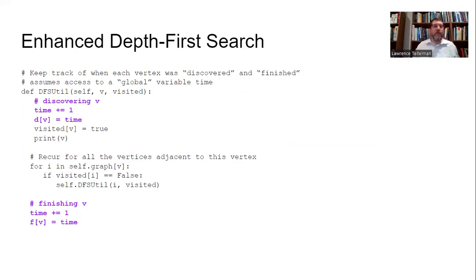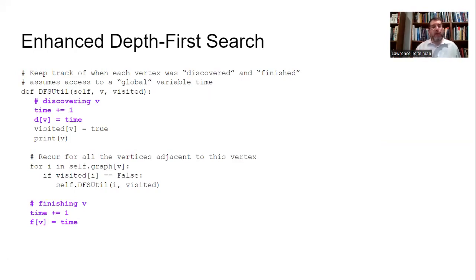So what are those? As you can see, it looks like I have some kind of array that keeps track of the discovery time for each vertex. And I have another array that keeps track of the finish time for each vertex. And what is the time? So the time is not the time on the clock. It's not even like the time.time in Python. It's just a counter. So every time we discover or finish a vertex, we increase the time by 1. So it's not a real time. It's not in seconds or microseconds or anything like that, but it's just a counter.